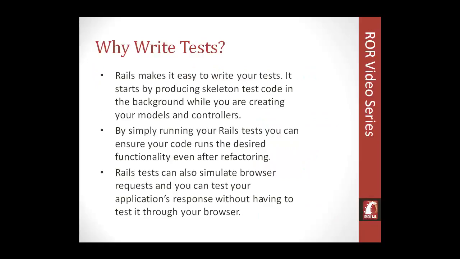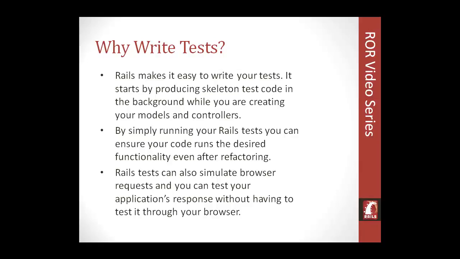So why would we write tests? For one thing, some tests, unit tests, are pretty easy to write. And what it does is it produces skeletons of test code that you can't see.